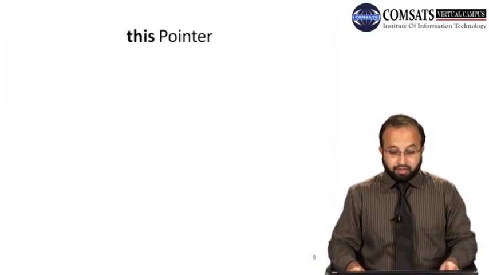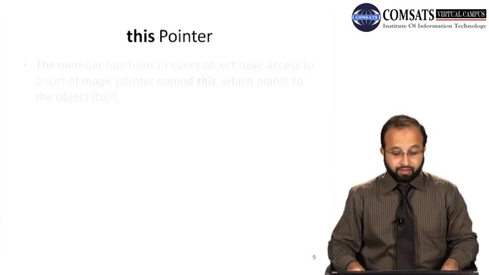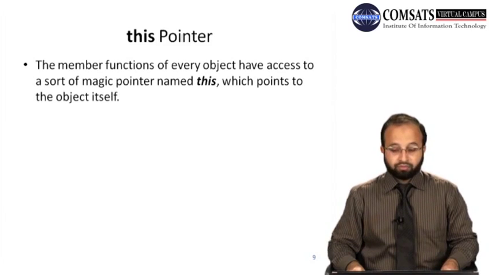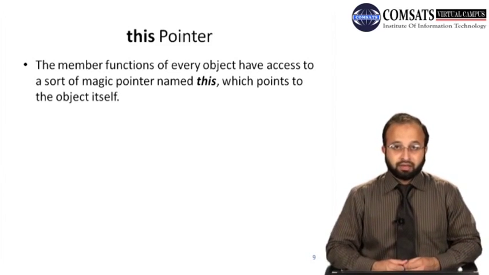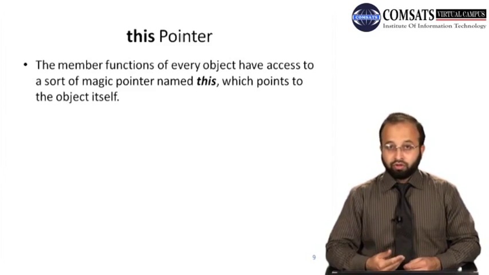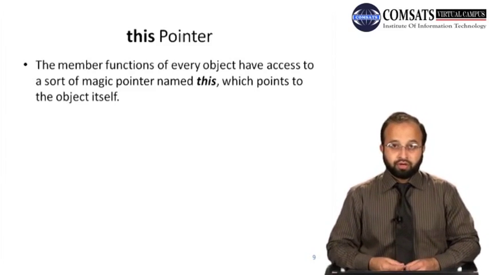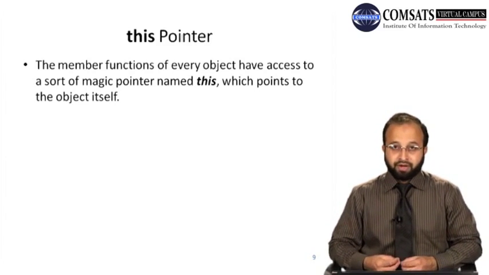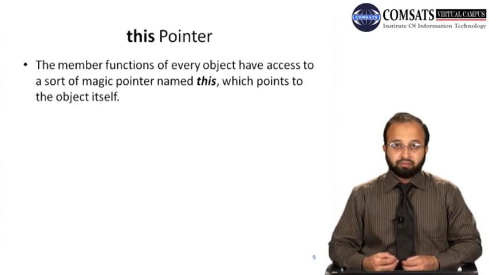Now let's again look at this pointer. The member functions of every object have access to a sort of magic pointer named this, which points to the object itself. So whenever an invoking object of any class invokes a member function, the invoking object's private data members are directly accessible in that member function.